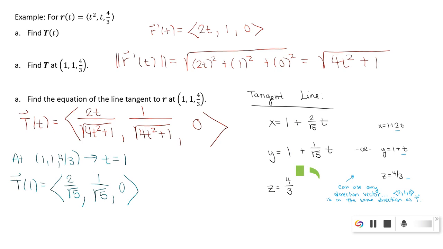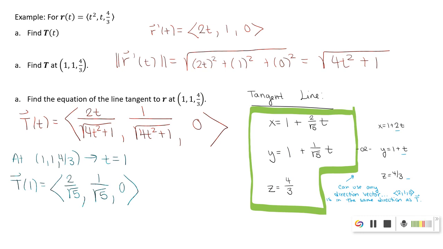We don't need to write that plus 0t. We can just use z equals 4/3. And so this answer that I'm circling right now is perfect. That is the correct answer. That is the equation of a line tangent to this function, or I guess it's a space curve, at (1, 1, 4/3).